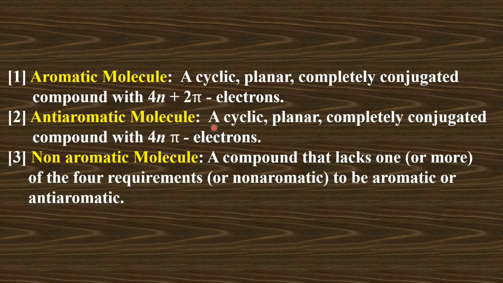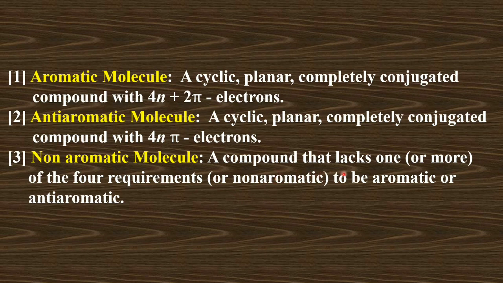And in the case of anti-aromatic molecules, they obey the first three conditions, that is they are cyclic, they are planar, and their pi electrons are completely delocalized all over the ring, and they differ only in the fourth condition, that is the number of delocalized pi electrons is equal to 4n. And all those systems which are not coming under these two categories are called non-aromatic systems.